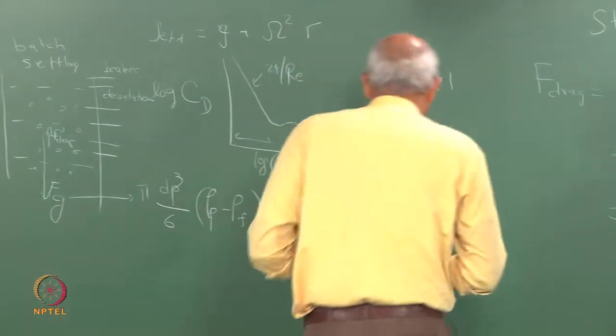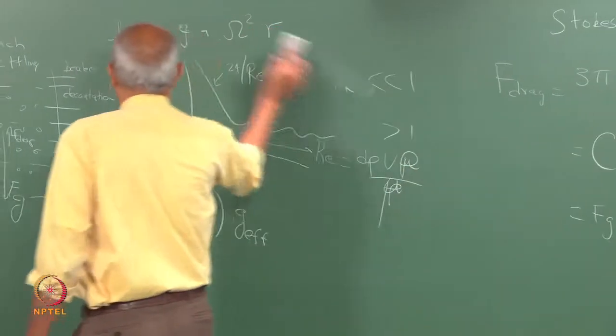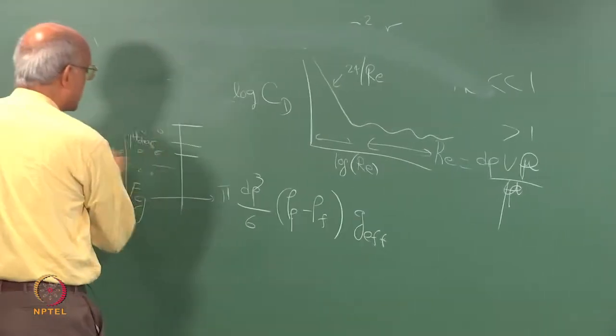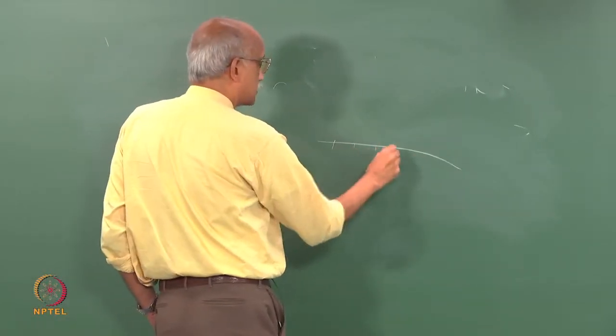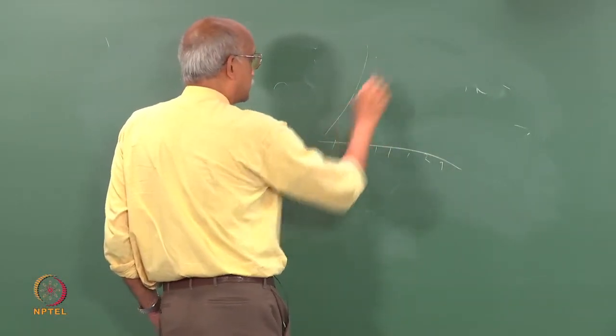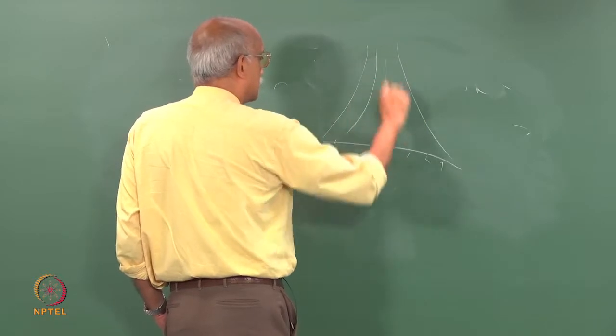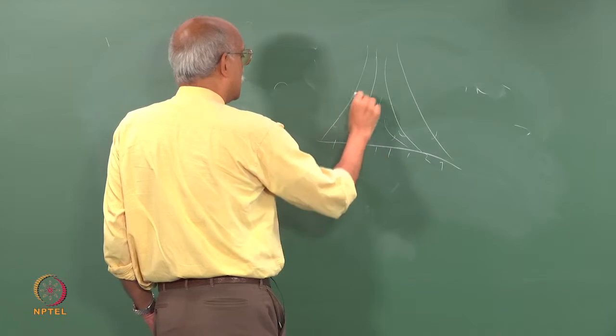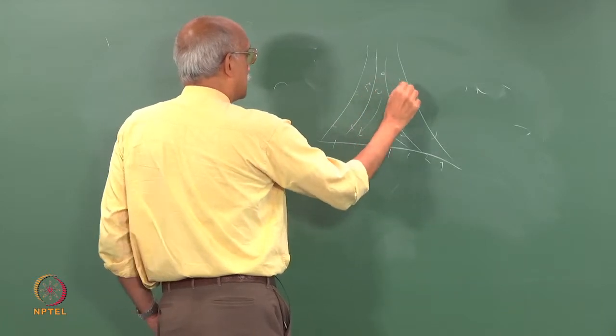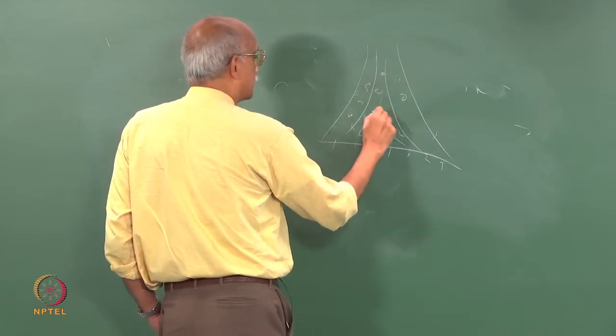So, imagine that you have a particle approaching a surface and it wants to settle. So, you have a surface and you have some fluid flow over the surface. These could be the streamlines of flow, and you have a lot of particles that are suspended in this flow.